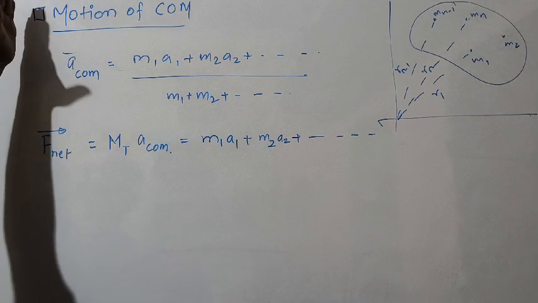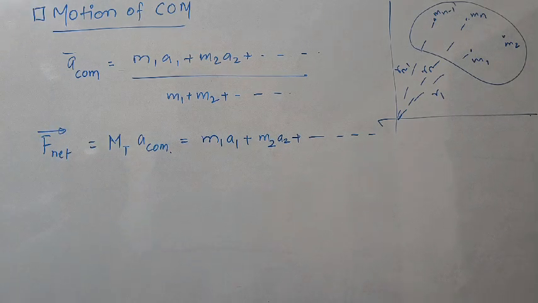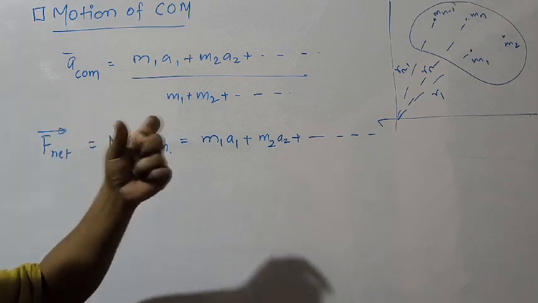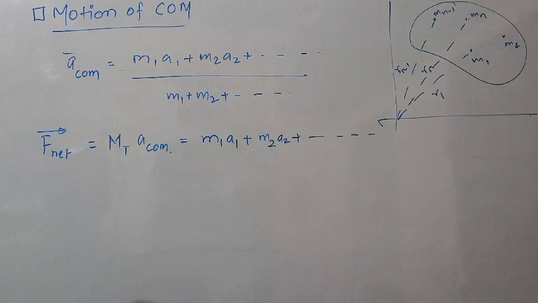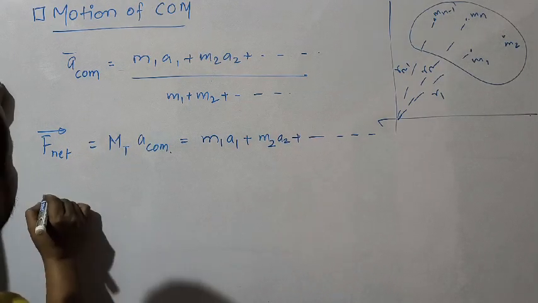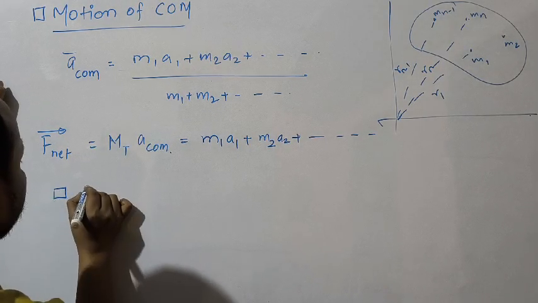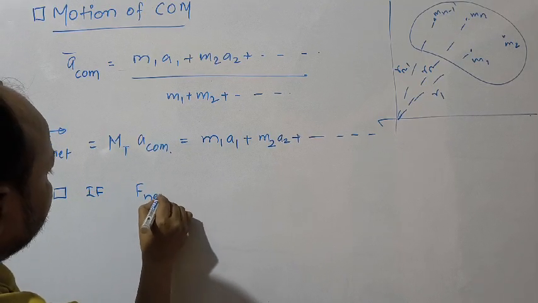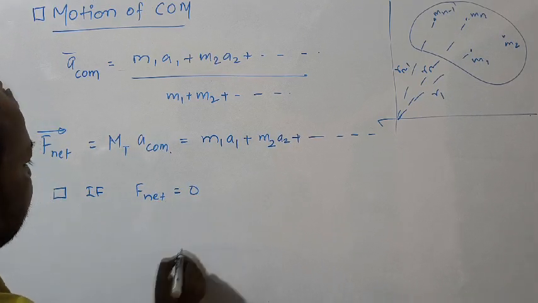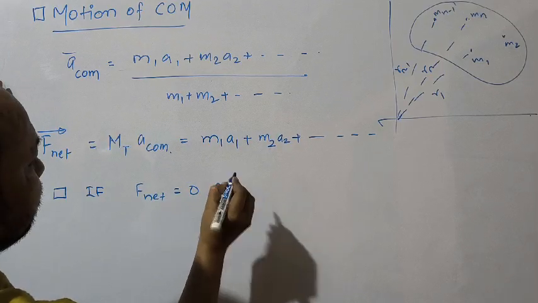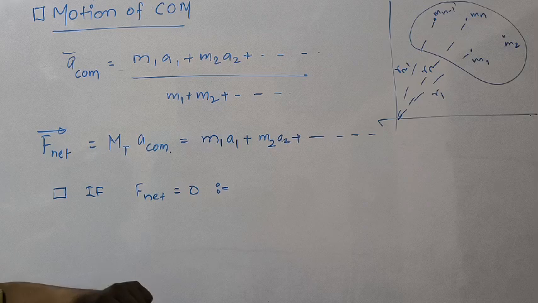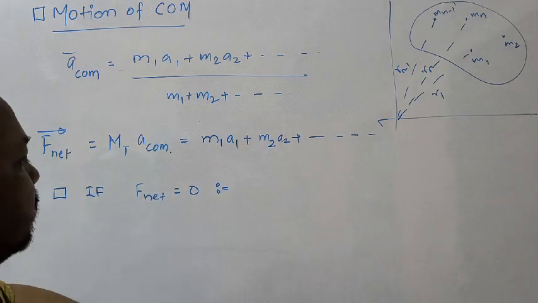Now what we will study in motion of center of mass: let's discuss a condition when the net force on the system will be 0. What happens if F net is equal to 0? What can be said about the center of mass?